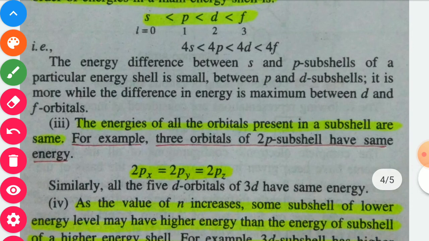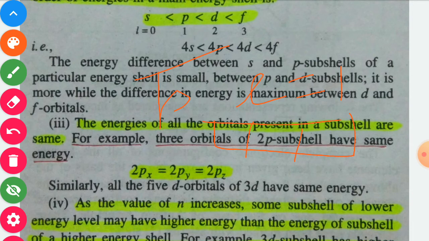Third point: the energy of all orbitals present in a subcell is the same. Suppose the subcell is p, whose L value is equal to 1. You know that the p subcell contains 3 orbitals: px, py and pz.